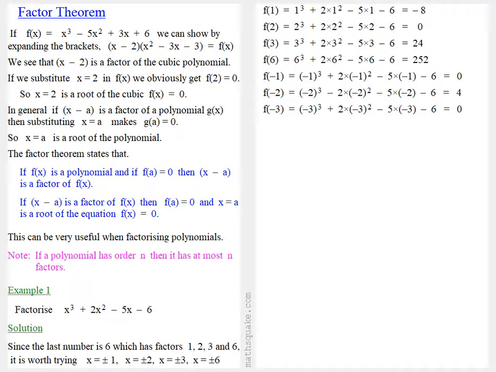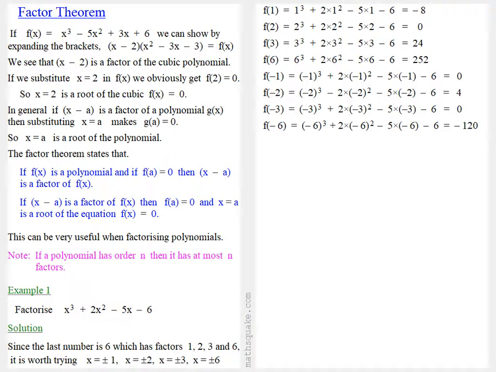So x plus 3 is a factor. And f(minus 6) is minus 6 cubed plus 2 times minus 6 squared minus 5 times minus 6 minus 6, which is minus 216 plus 72 plus 30 minus 6, which is minus 120.